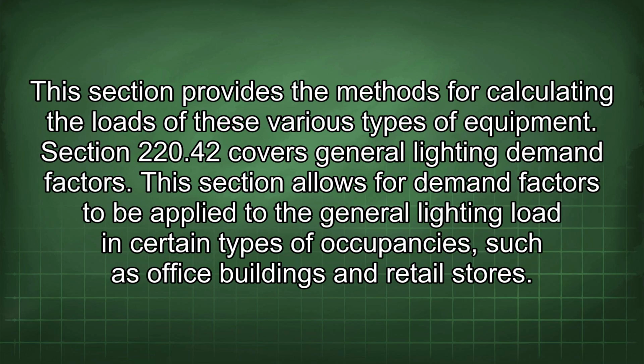This section provides the methods for calculating the loads of these various types of equipment. Section 220.42 covers general lighting demand factors. This section allows for demand factors to be applied to the general lighting load in certain types of occupancies, such as office buildings and retail stores.